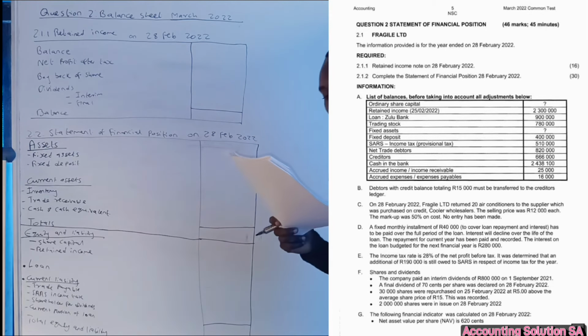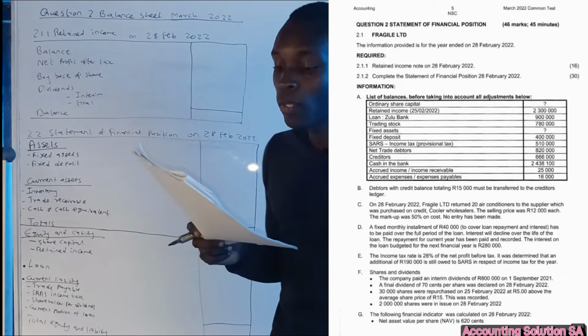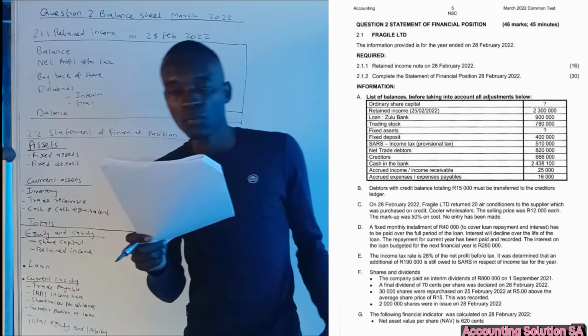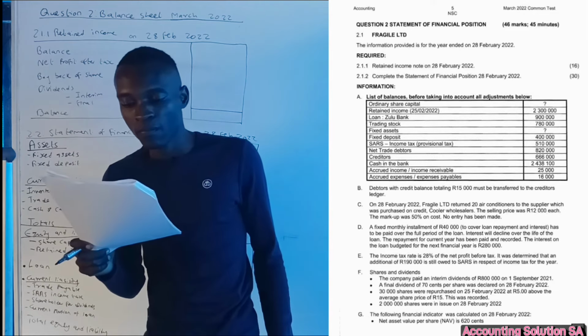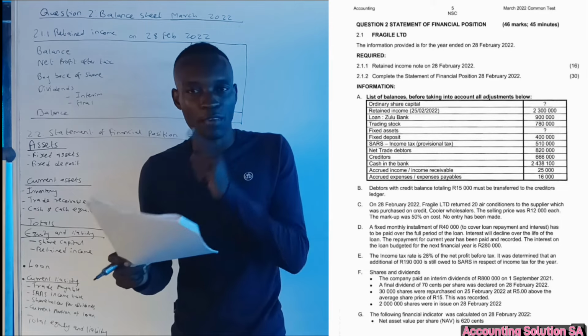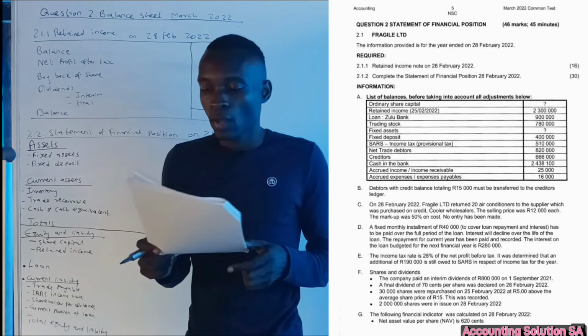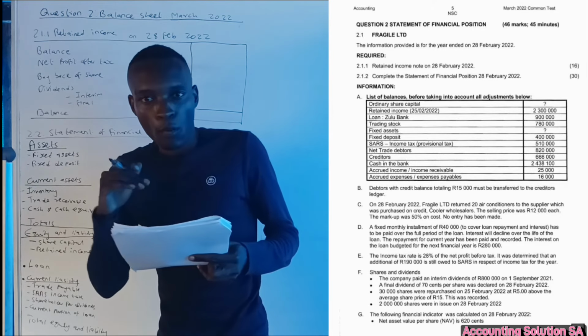We have information, then a list of balances before taking into account all adjustments below. Number one, ordinary share capital, we don't have a balance. Number two, retained income on 25 February 2022. If you check, they said 25, they didn't say 28, which means we can assume that this is the opening balance.